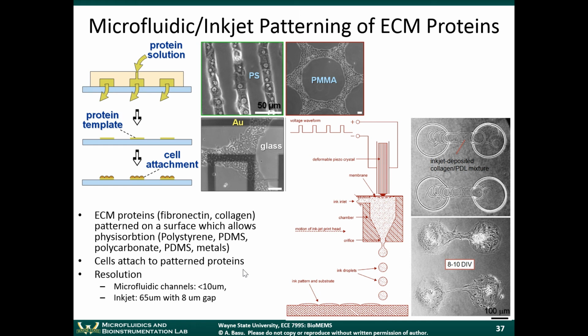If you buy an inexpensive piezoelectric printer, it might cost like $1,000 or so, maybe up to $5,000. A clean room for a lot of the lithography-based techniques might cost millions of dollars to make. So inkjet printing is a nice alternative way to pattern materials.